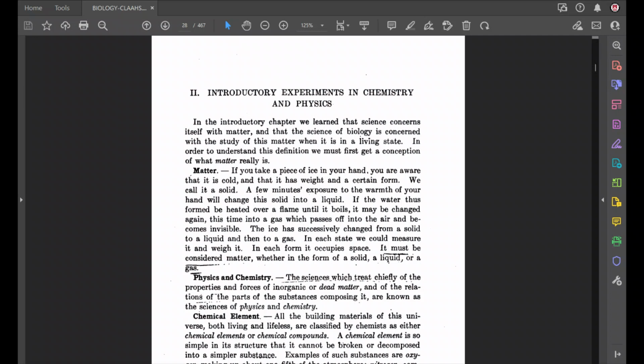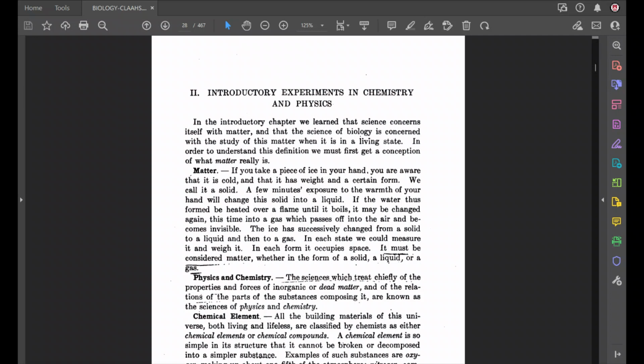There's all kinds of stuff in this air. It's not empty space. We learned that science concerns itself with matter, and doesn't have anything to teach us about things that are not material. And that the science of biology is concerned with the study of matter when it is in a living state, living matter. We could say biology is the study of living matter.